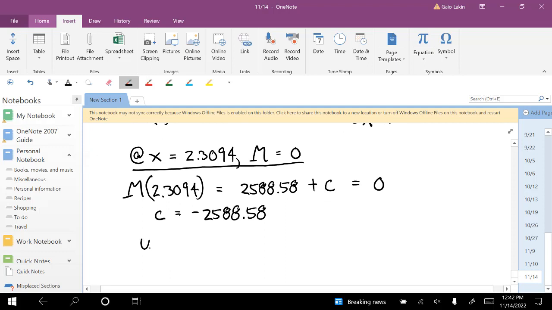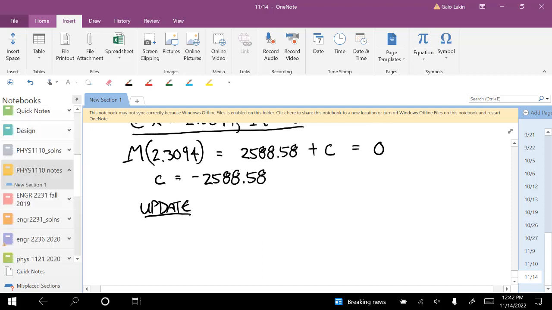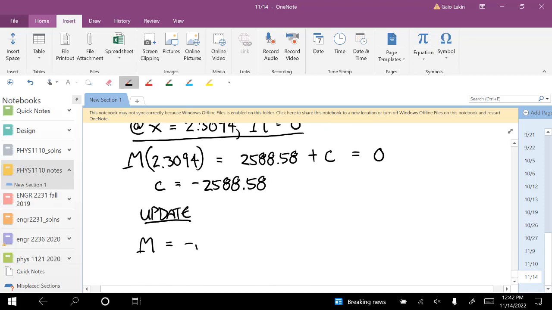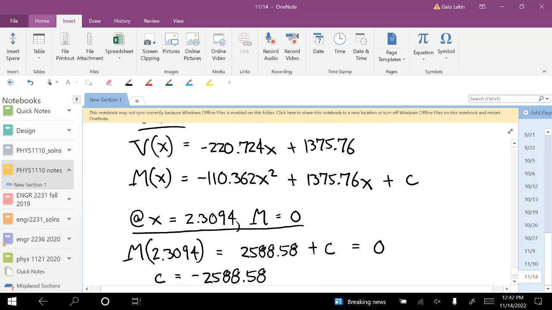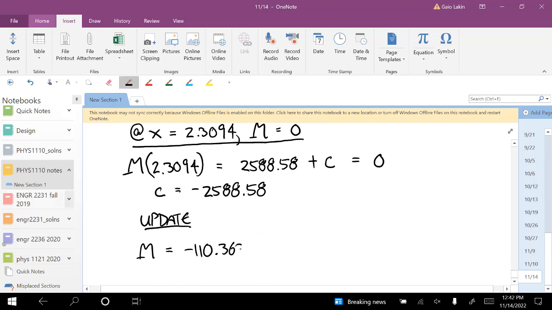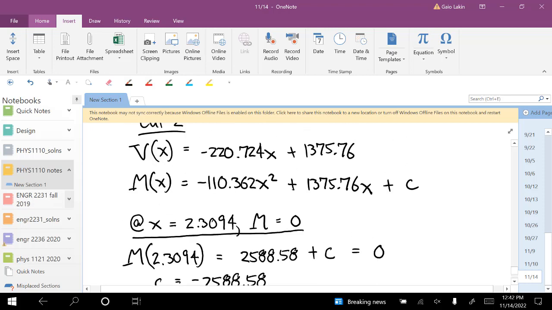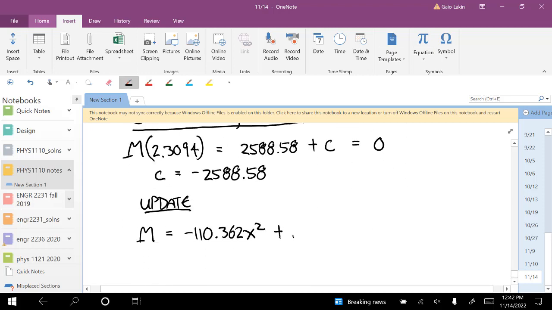And so now update our function. And M is equal to negative 110.362 x squared plus 1375.76 x minus 2588.58.